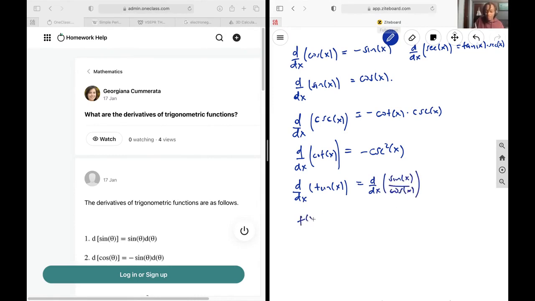So again, in this case, f of x is equal to sine x. The derivative of that, as written above, is going to give us cos x. G of x is equal to cos x. The derivative of that, as written above, is going to be negative sine x. Plug that all back into our quotient rule formula.